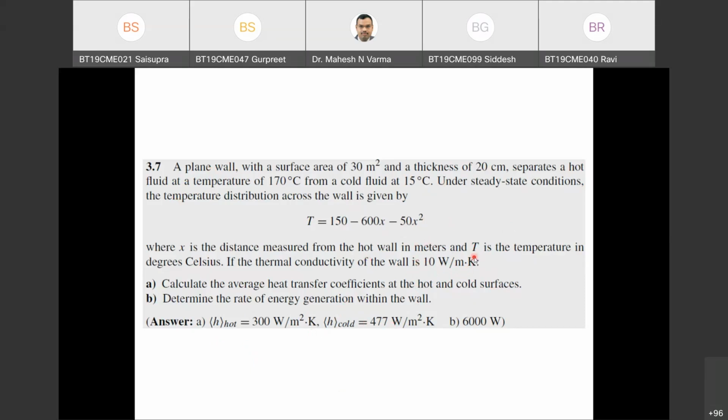Even though, if you go into details, thermal conductivity is also a function of temperature, here the temperature varies only from 28 degrees Celsius to 150 degrees Celsius, so there is a negligible variation of thermal conductivity. But thermal conductivity is a property of material.